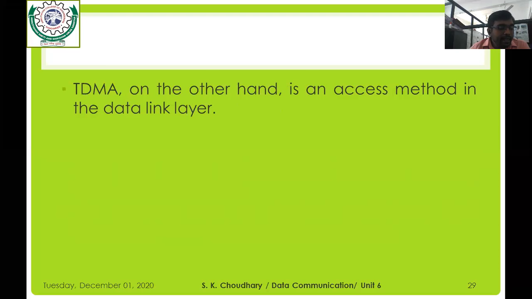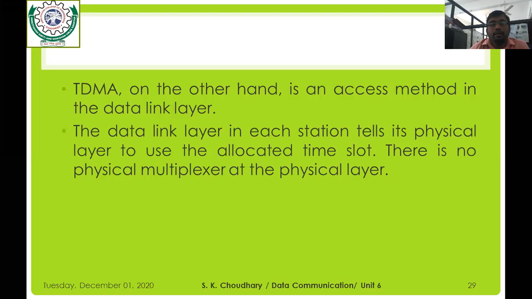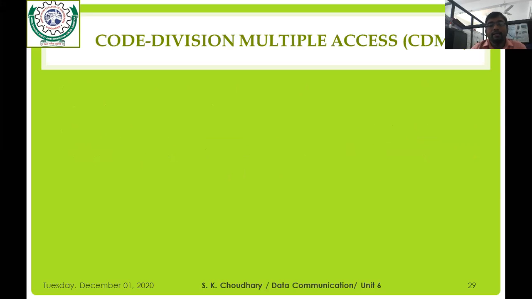Whereas TDMA is an access method in the data link layer. The data link layer in each station tells its physical layer to use the allocated time slot. There is no physical multiplexer at the physical layer in the case of the TDMA technique. So this is the basic difference.